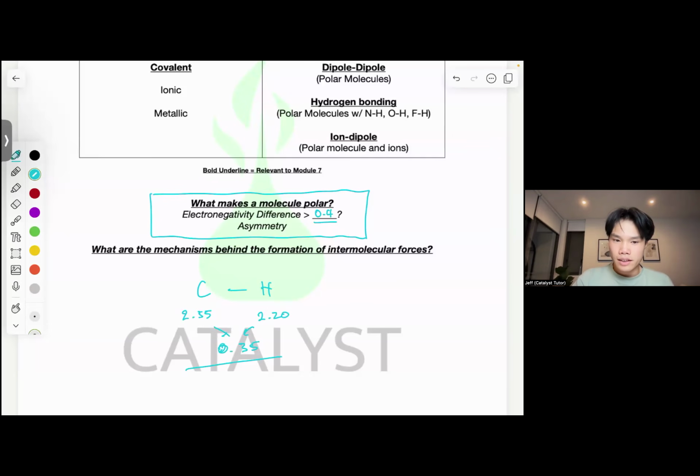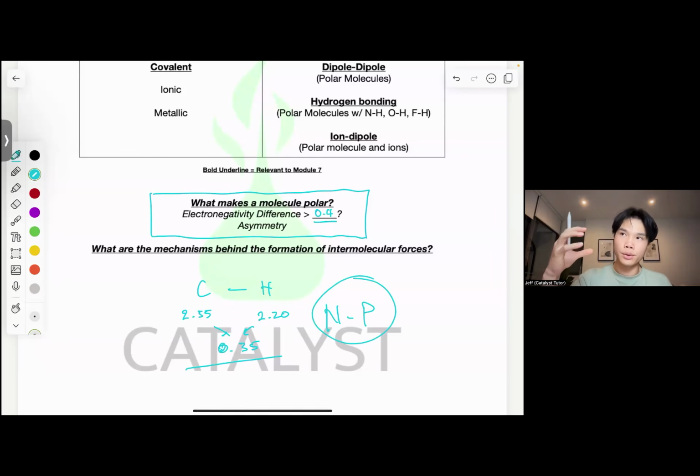That tells us that this bond is nonpolar. And that's important to know for every single common covalent bond that we come across in organic chem. Anything bonded to carbon from the halogens or any of the common non-metals, and anything bonded to hydrogen, we should know if that is polar or not.